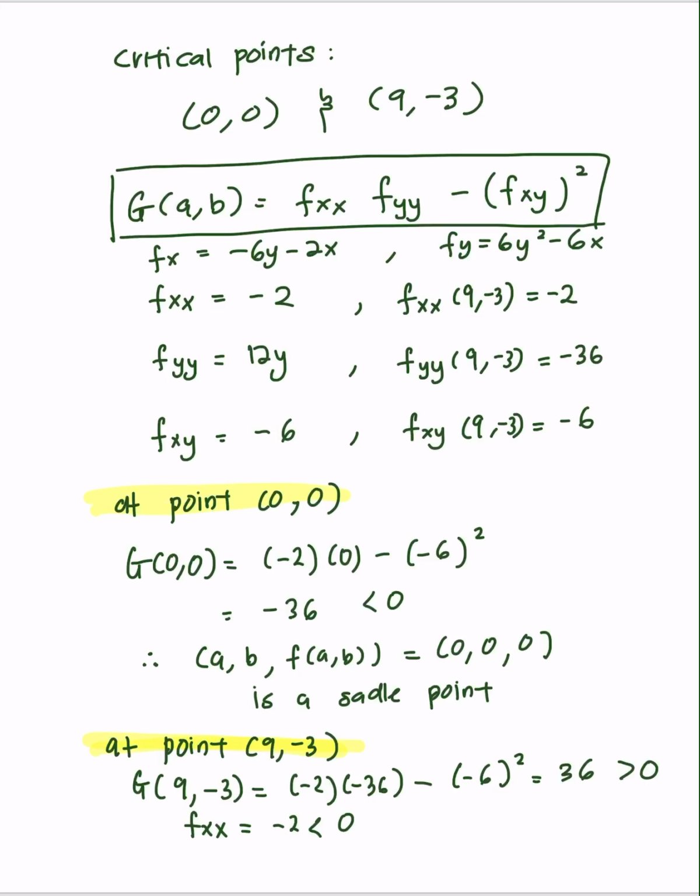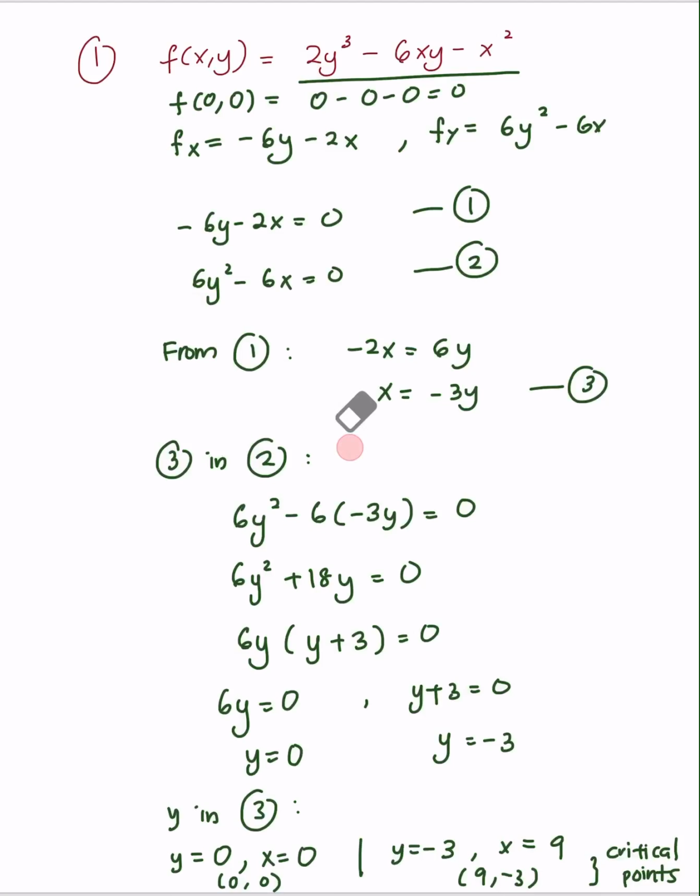So what is our conclusion? We need to calculate f(9, -3) also. So we obtain 9 squared minus 3 cubed, minus 6 times 9 times minus 3, minus 9 squared, which if you calculate will be 27.